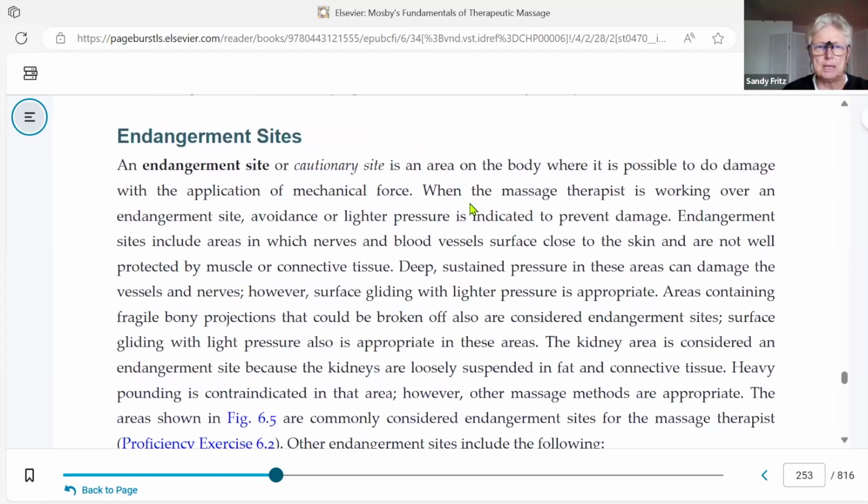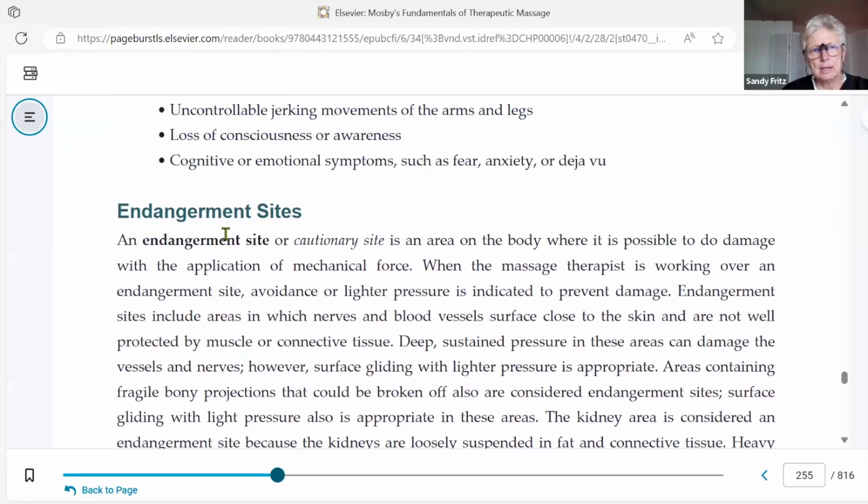And then we need to be aware of endangerment sites, cautionary sites, etc. These are spots that if you press into them, you can either close off a vessel or damage it, or you can break off a little appendage, or a little prominence on a bone, or you can put too much pressure on a nerve.